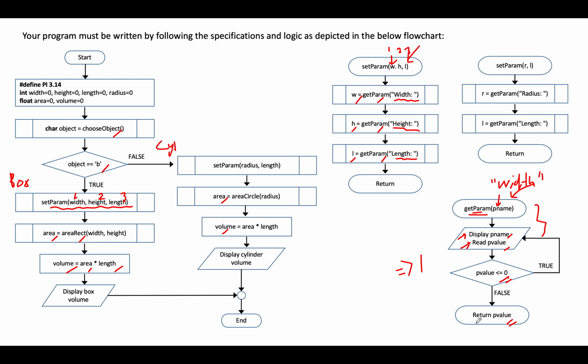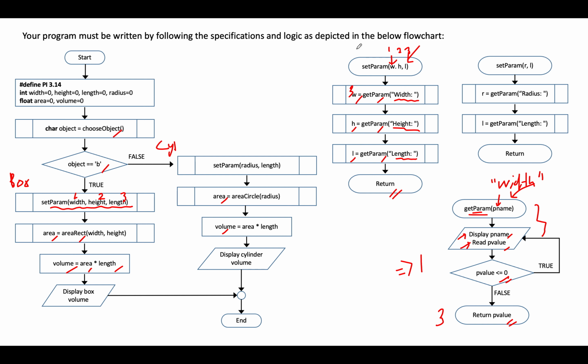So p value, if the user, for example, enters width just now as 3, then 3 will be assigned to W, and you will continue to get parameter for height, H, and length assigned to L, then you return the value.